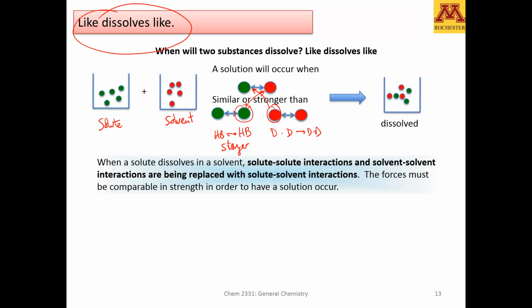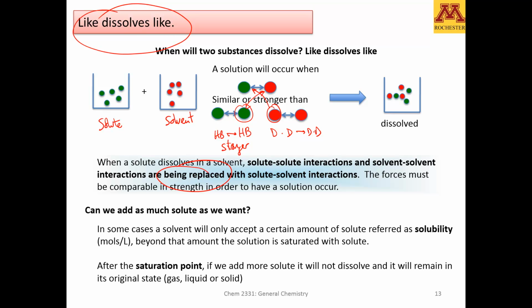Okay? So just to put it into lines, let me read it out loud because it's important. When a solute dissolves in a solvent, solute-solute interactions and solvent-solvent interactions are being replaced with solute-solvent interactions. The forces must be comparable in strength in order to have a solution. But like in chemistry, it's always to a certain extent.